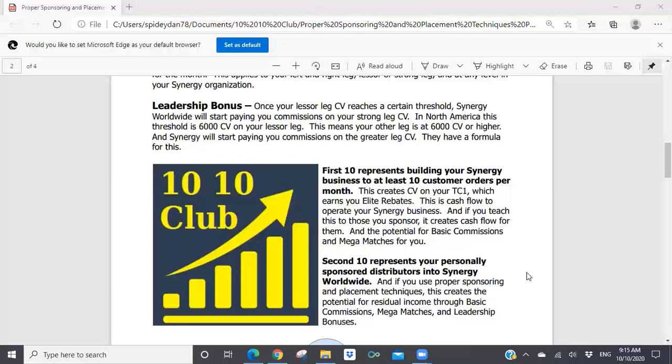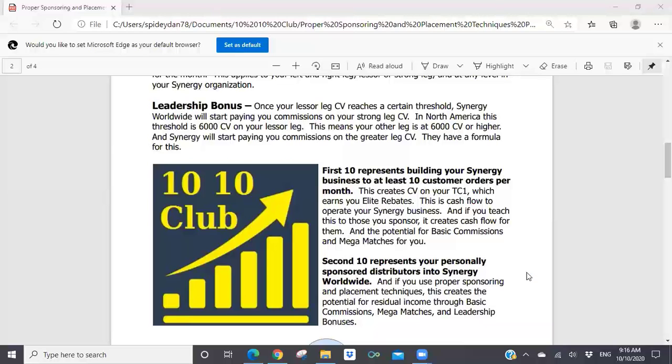Well, instead of earning 150 CV times 25%, earning $37.50, at the most 150 CV times 0.07, I would earn $10.50. Why, from a business standpoint, would I want to lower $37.50 in elite rebates down to $10.50 if they're in my weak leg? And if they're in my strong leg, if I'm not above 6,000 CV of volume in my strong leg, I would earn 0.